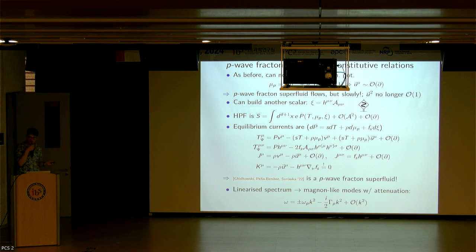In particular, this means that when you construct the hydrostatic partition function at ideal order, you no longer get this U squared scalar that we had for the boost agnostic fluid before. So the hydrostatic partition function is then this expression, where we make the assumption that only the linear term in this psi scalar appears. Psi is the trace of this dipole superfluid velocity, and just for simplicity, we only include linear terms in this in the hydrostatic partition function.